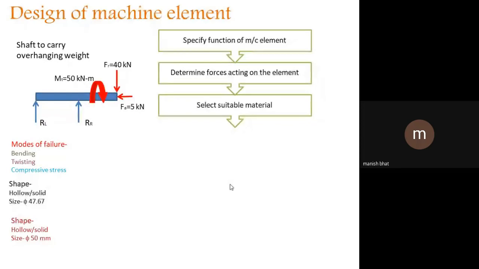Many times additional properties like wear resistance, corrosion resistance are important when you are selecting a shaft for a chemical plant. Suppose the shaft of a washing machine itself.